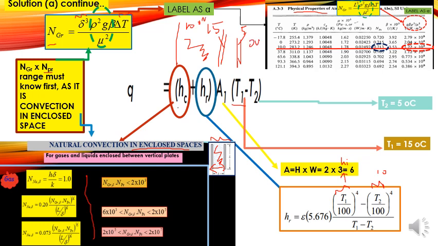So when I choose the room as my reference point, I know that when we solve this part, we will get a positive value for the temperature difference here. Therefore we consider that the room is releasing heat to the surroundings.